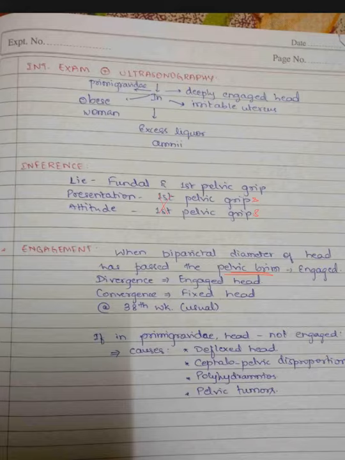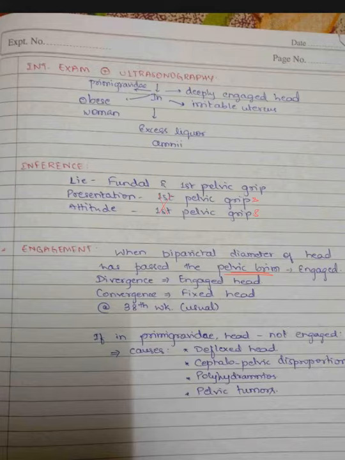And in case of excess liquor amnii also, there will be less accurate determination of all those parameters. And even in case of a deeply engaged head, also called the fifths of head palpable in the abdomen, which is related to the rule of fifths, then also you need to go with the ultrasonography.